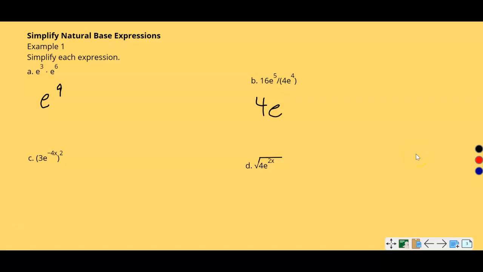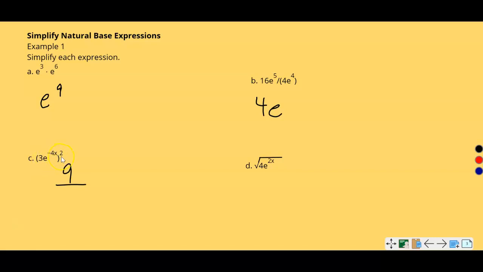Part C says 3 times e raised to the negative 4x power, all squared. Since the negative 4x is only attached to the e here, we're going to evaluate everything to the second power. So 3 squared is 9. And then e raised to a power to another power, a power to a power, remember you multiply your exponents. So keep the base, multiply exponents.